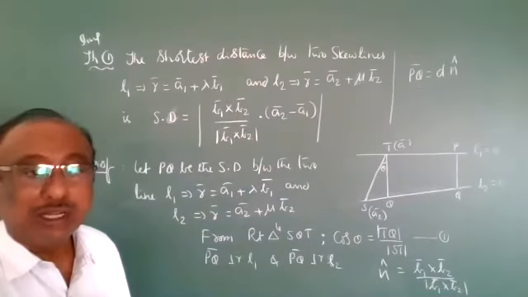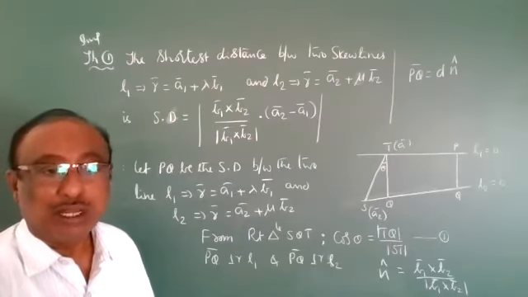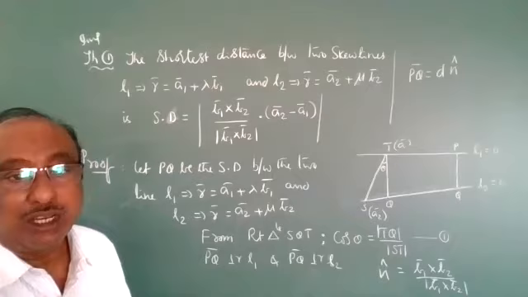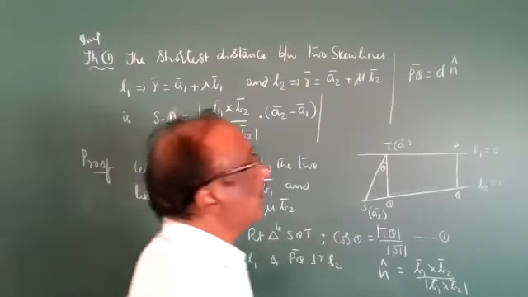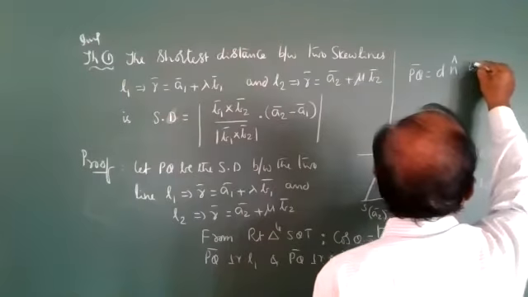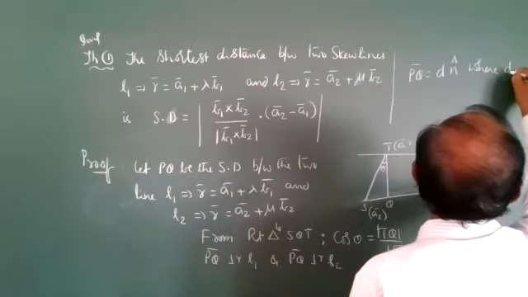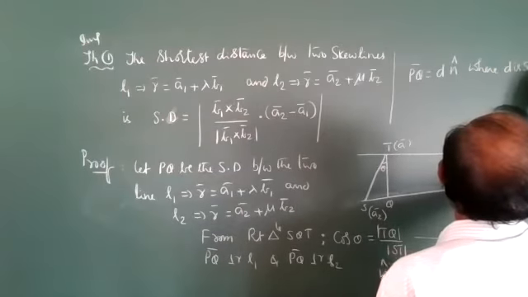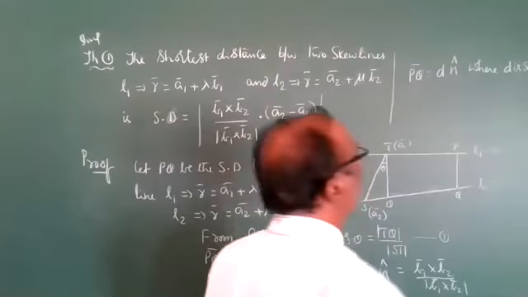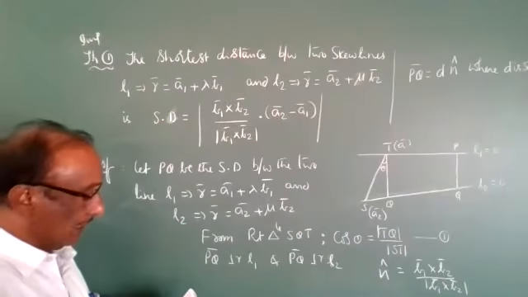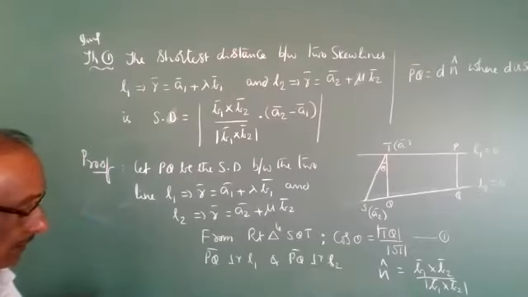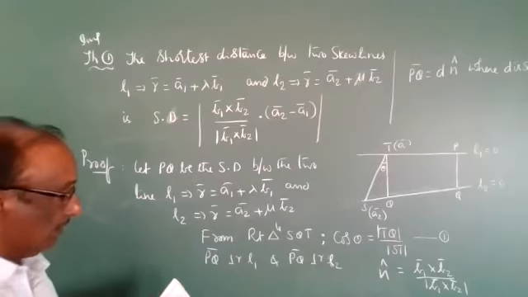They differ in only a constant into a unit vector, multiplication by unit vector, no change. So PQ bar is equal to D into n cap, where D is a scalar, right? D is a scalar. N cap is the unit vector we represent.